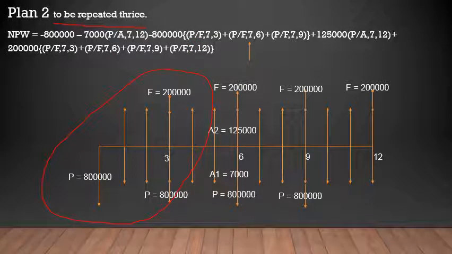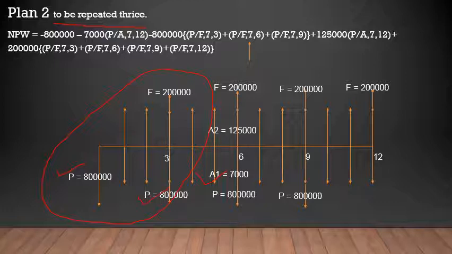Solve it. 8 lakh will remain as it is. This 7,000 flows continuously. Convert that into P using P by A, and then take one by one. This P is over, this A1 is over, then this P at the end of year 3, use the factor P by F comma 7 comma 3. This is over. This is at the end of year 6.